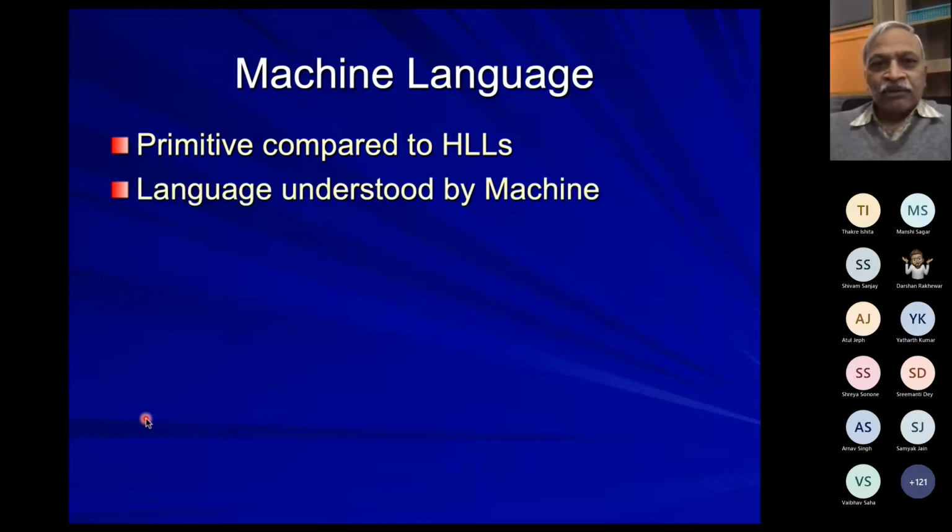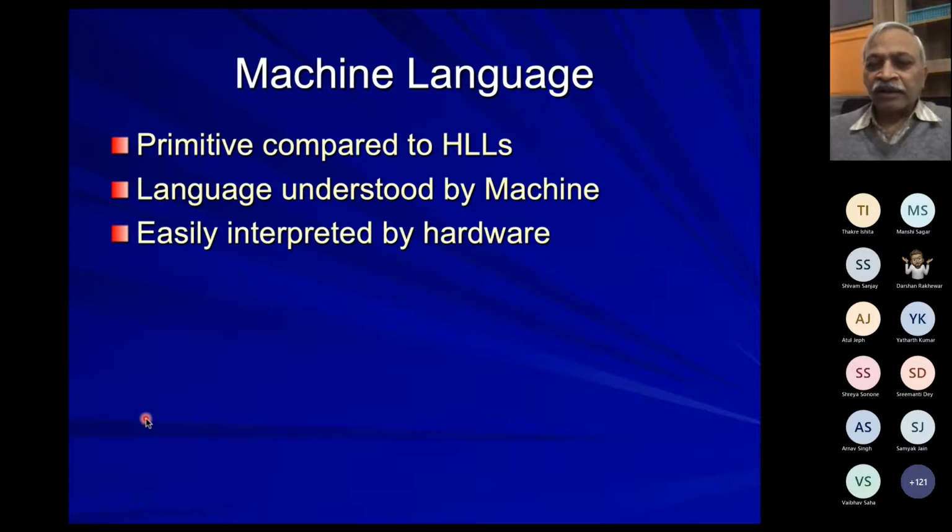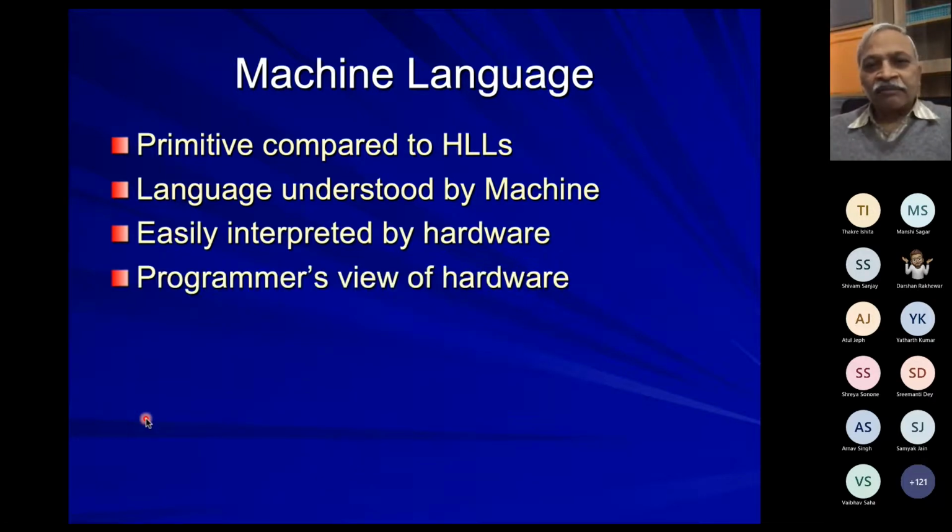It's designed to be understood by the machine, so it has to be somewhat simple and primitive. It should be easily interpreted by hardware, and it actually provides the programmer's view of hardware. So what the programmer sees of the machine is what is defined by the machine instructions. The programmer sees the behavior of the machine in terms of what the set of instructions is and what they can do.